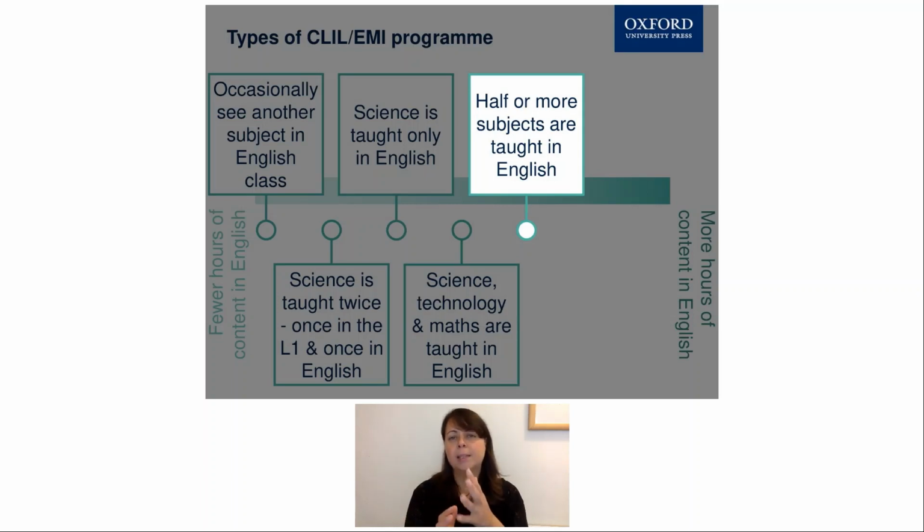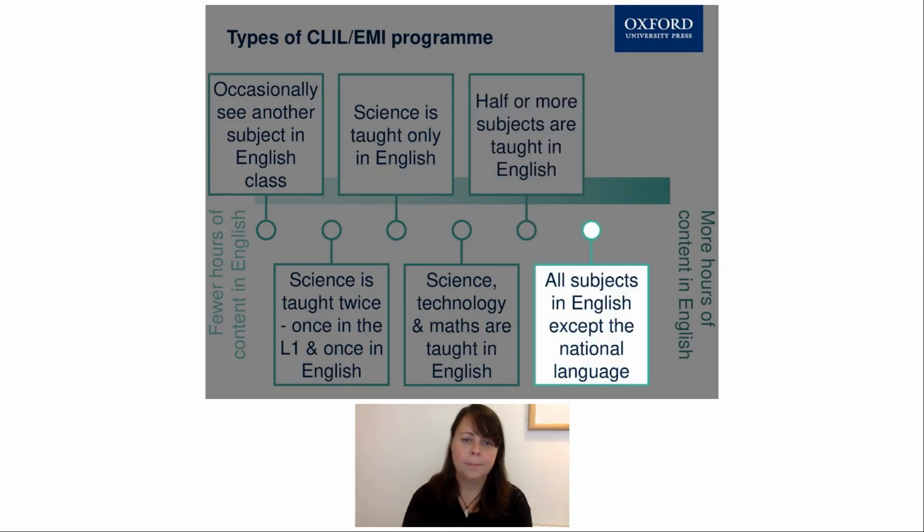Now, if the program has half or more of the subjects taught in English, this is what we call bilingual, what has started to be referred to as pure bilingual. If we see a program where all subjects are taught in English except the national language, this tends to happen in international schools.